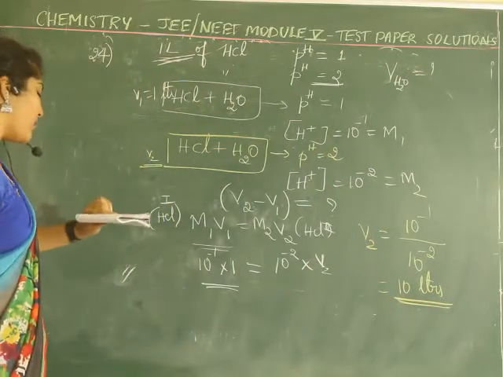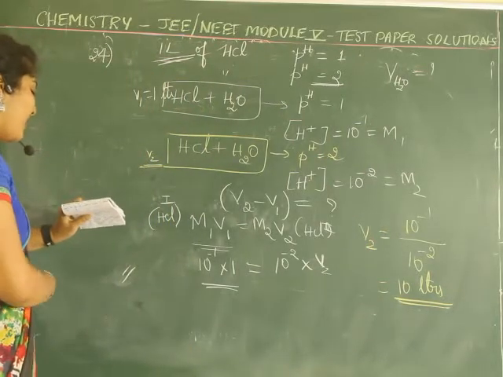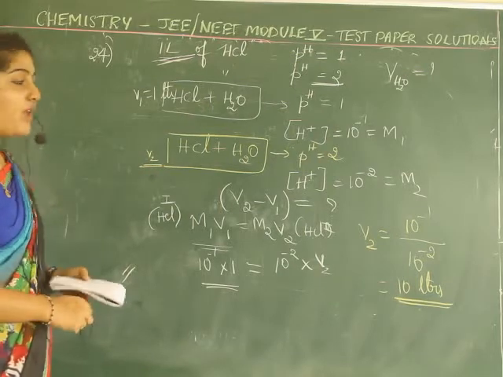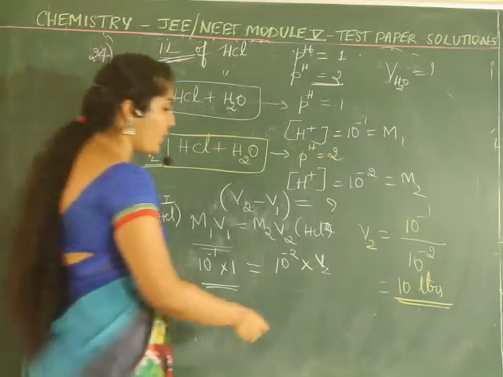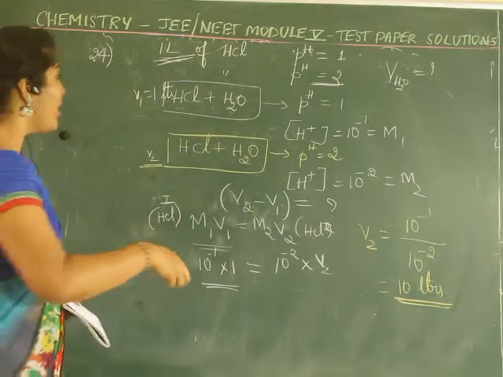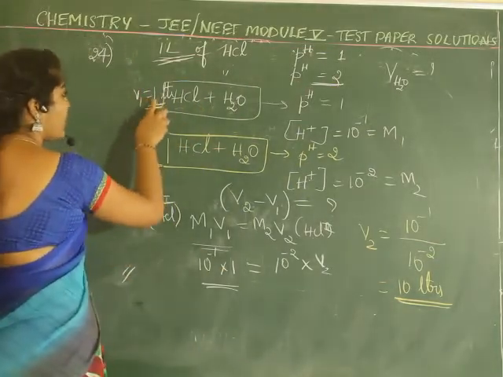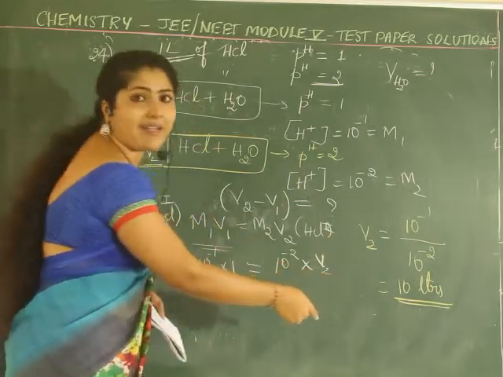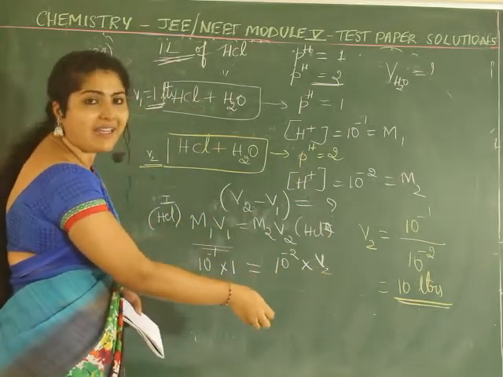What is there in the question? How many liters of water must be added to 1 liter of aqueous solution? When the volume of the second solution is 10 liters, how much you have added is what we have to know. Initially it was 1 liter. So to 1 liter, how much should you add to get 10 liters? It is 9 liters, isn't it?